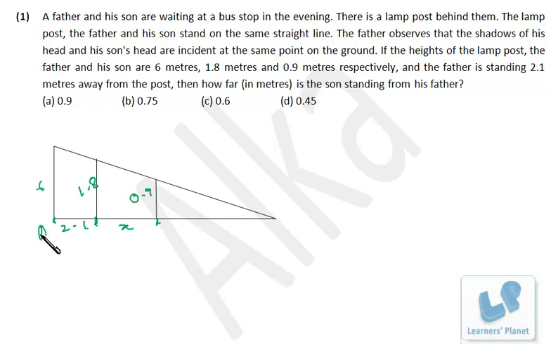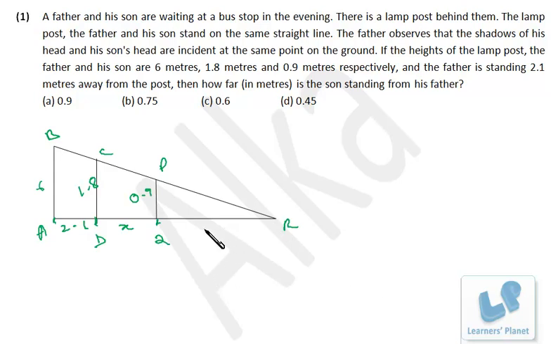Now friends, I just mark A, B, C, D, P, Q. Now this is R. The triangle ABR, the triangle DCR and the triangle PQR, all of them are similar to each other, right? So in case of similar triangles, the sides are always in the same ratio, right?